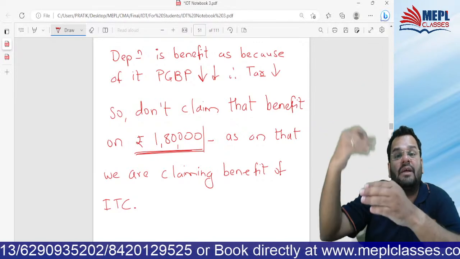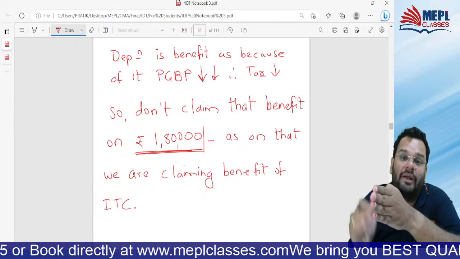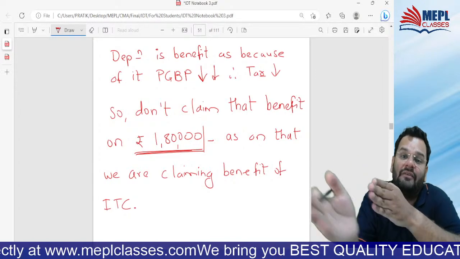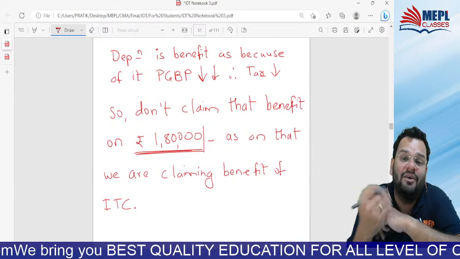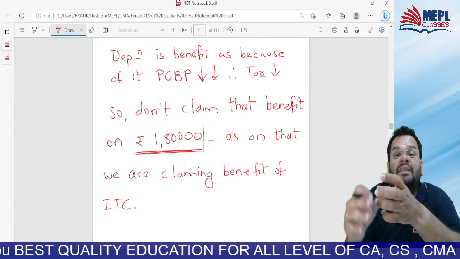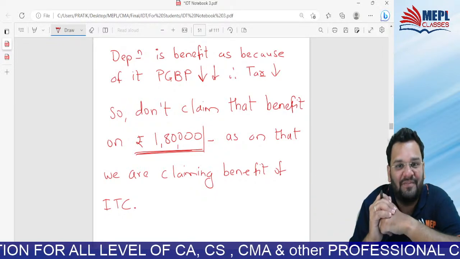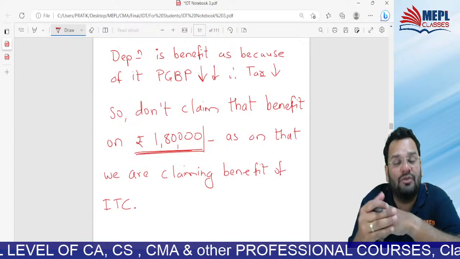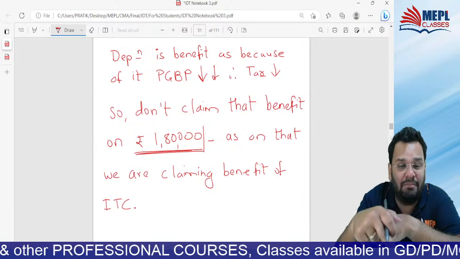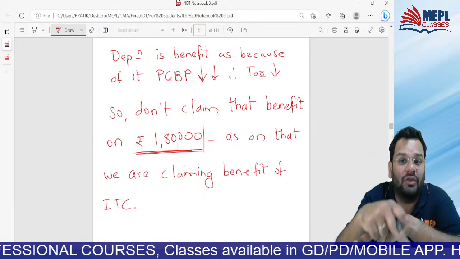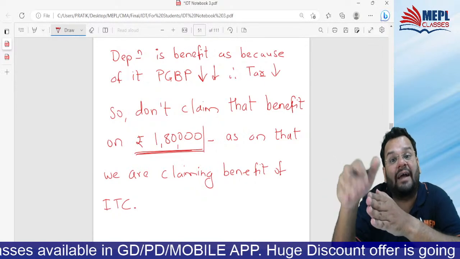But say you don't want to claim ITC, and on that full 1180 you claim depreciation. It means that on that 180 also you will claim depreciation, say at 15%, which will be 27,000. That 27,000 will be reduced from your PGBP and therefore your total income, and on that you will save tax.